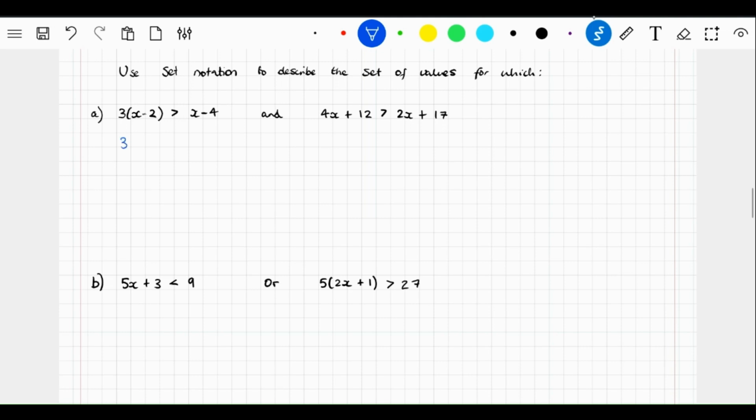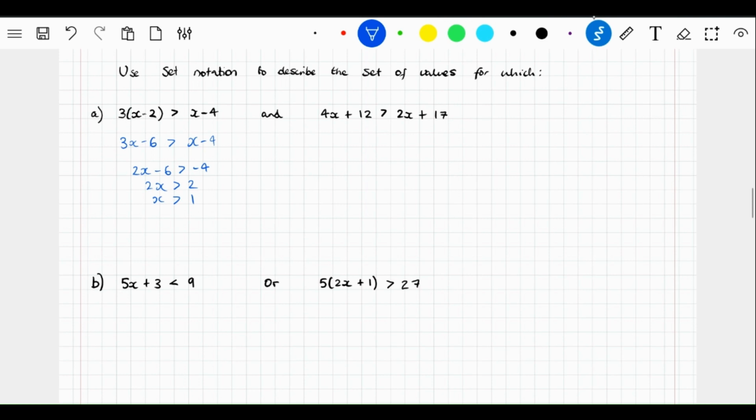So that gives us 3x minus 6 is greater than x minus 4. And if we take away x, we get 2x minus 6 is greater than minus 4. And then we add this 6, so we get 2x is greater than 2, which means that x is greater than 1. So that's our first bit done.